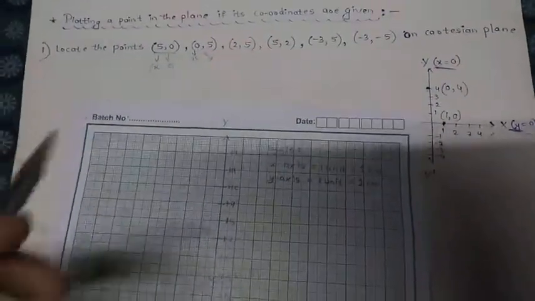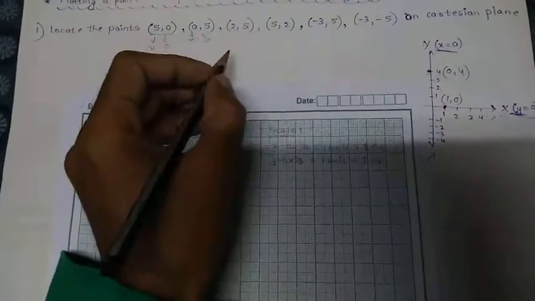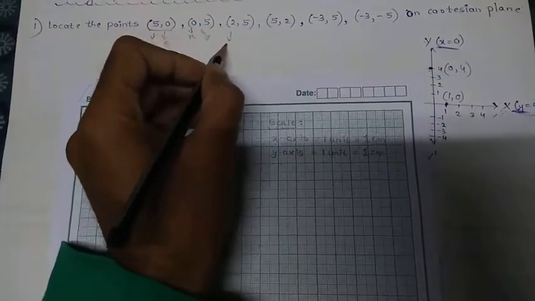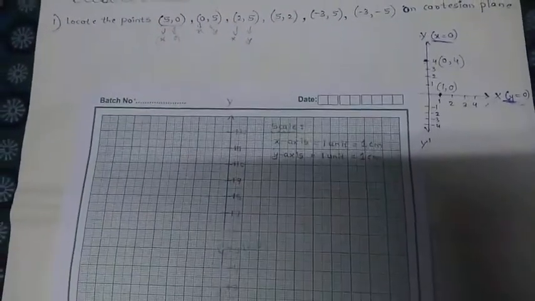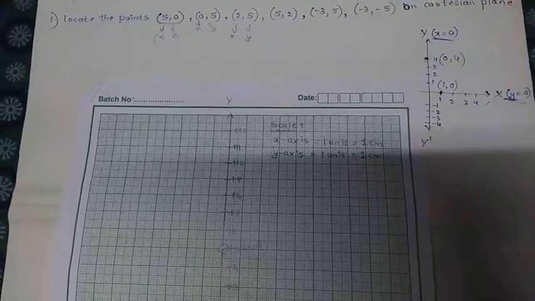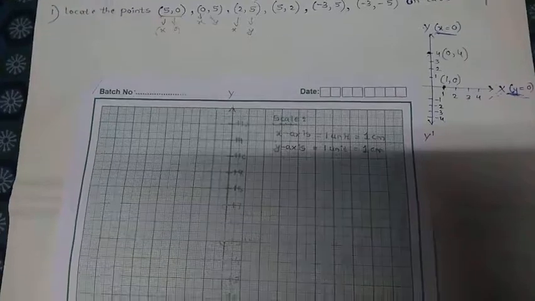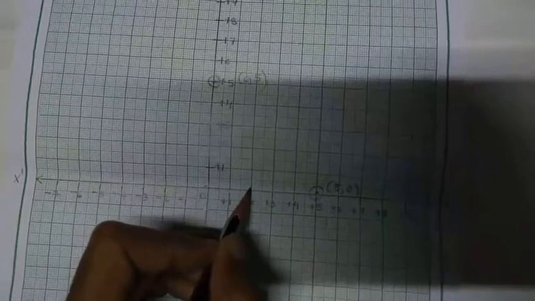Now the next coordinate, that is 2, 5. Again, this is x and this is y. So you have to plot 2 on the x-axis and 5 on the y-axis. This is a little tricky here. Just take 2 here and you have to plot plus 5.